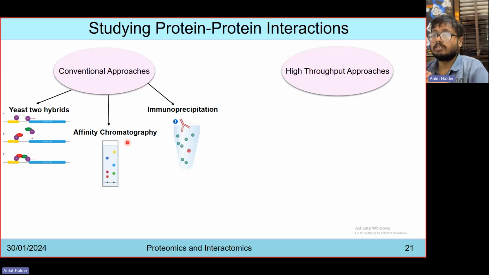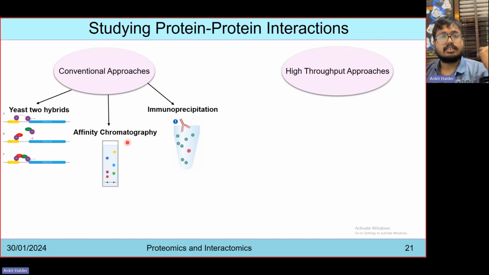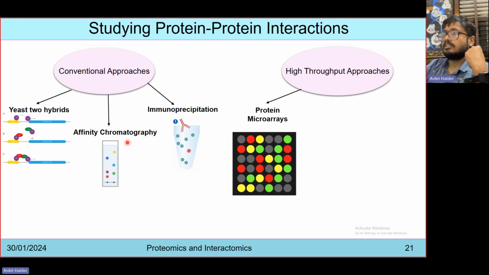Then there is immunoprecipitation. When the term immuno comes, like the antibody, we use an antibody to precipitate out certain proteins, so that gives you the immunoprecipitation. Now, what are the high throughput approaches?